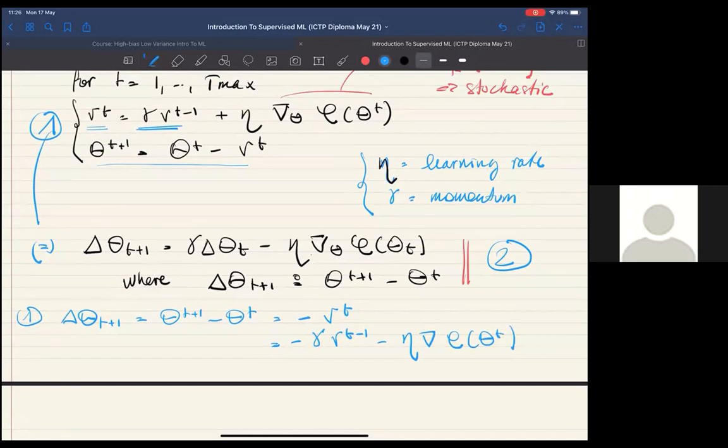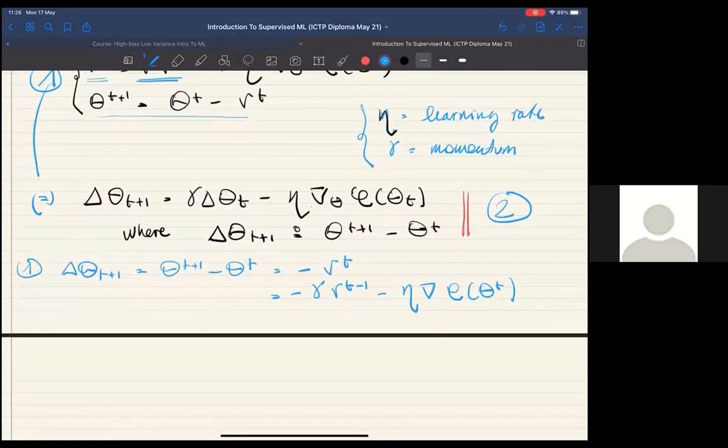All right. Okay. So now if I look at the second equivalent representation, it tells us that delta t plus 1 is equal to gamma delta theta at t, which is what?